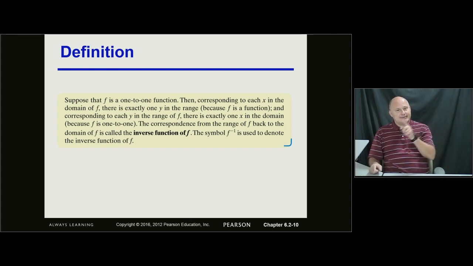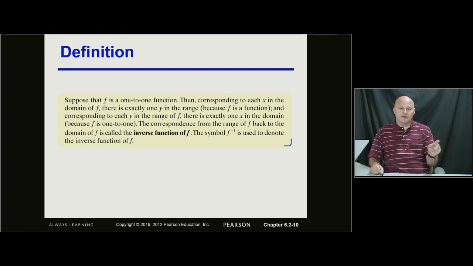So if a gives me b in the function, and that function is one-to-one, then b will give me a in the inverse. All the mappings are in reverse. So if you have a list of ordered pairs and you want the inverse of that one-to-one function, all you have to do is switch the ordered pairs.